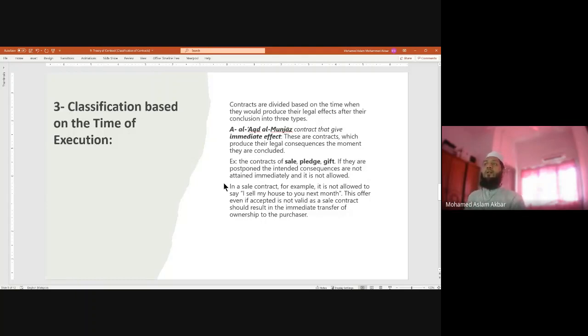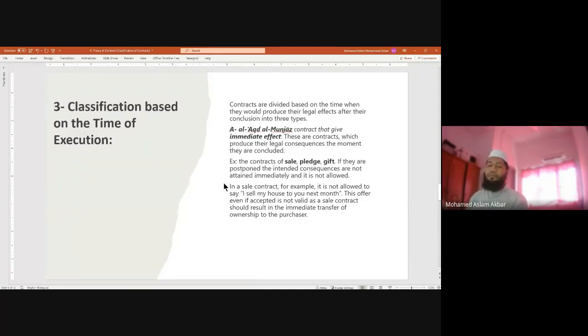This is what we call in Arabic al-aqd al-munjaz, which means that it has to happen instantly. These are the contracts which produce their legal consequences the moment they are concluded, immediately. For example, sale, pledge, gift.